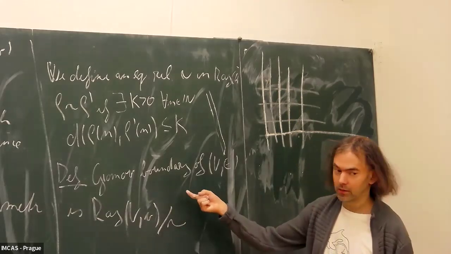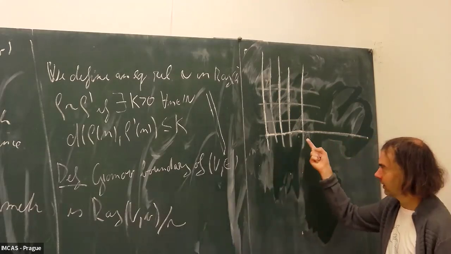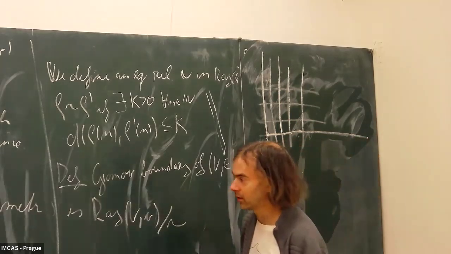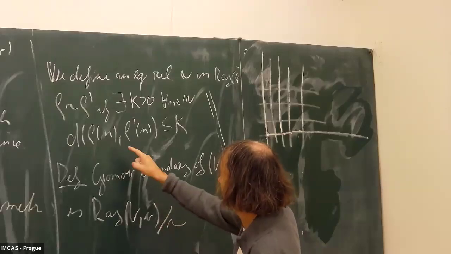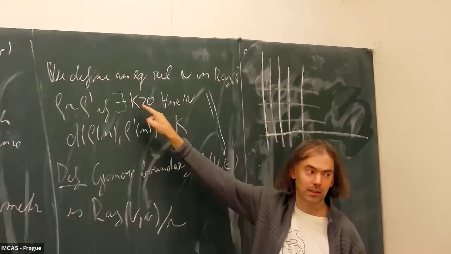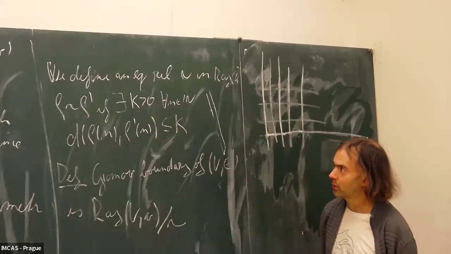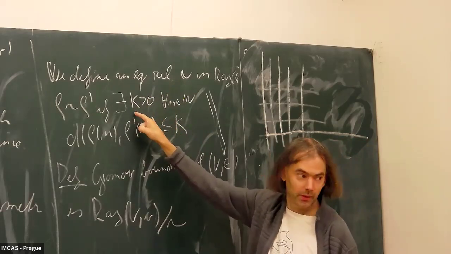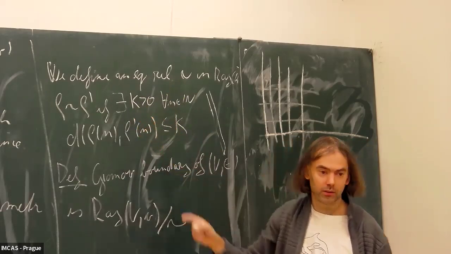But when the graph is hyperbolic, then the equivalence relation is closed. The main reason is that in the definition, I claimed there exists some K, but it turns out that when the graph is delta hyperbolic, this K is always bounded by 2 delta.